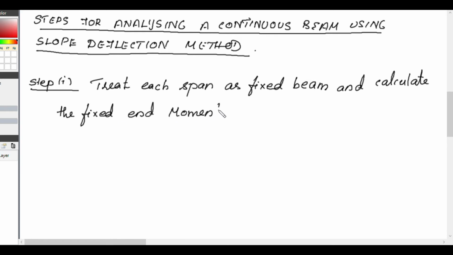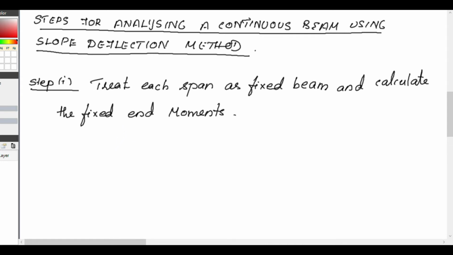See, here in this step 1, two things. So first is our assumption. We are assuming every span of our continuous beam as fixed, and we have to calculate the fixed end moments.